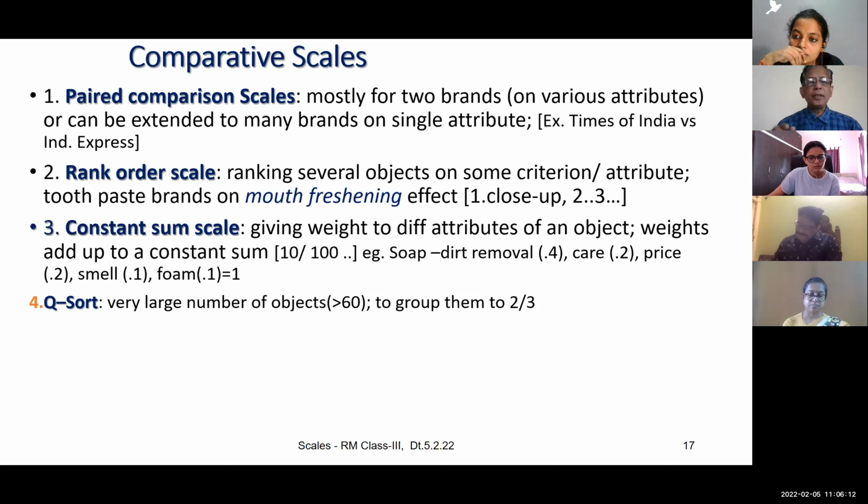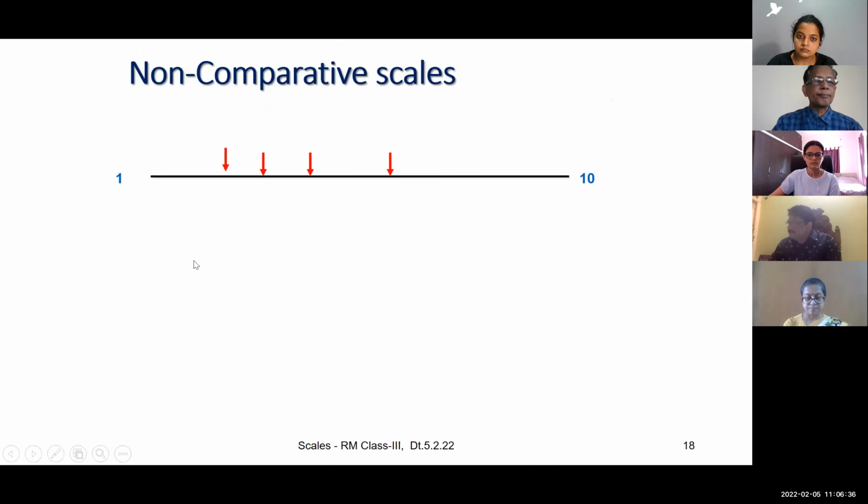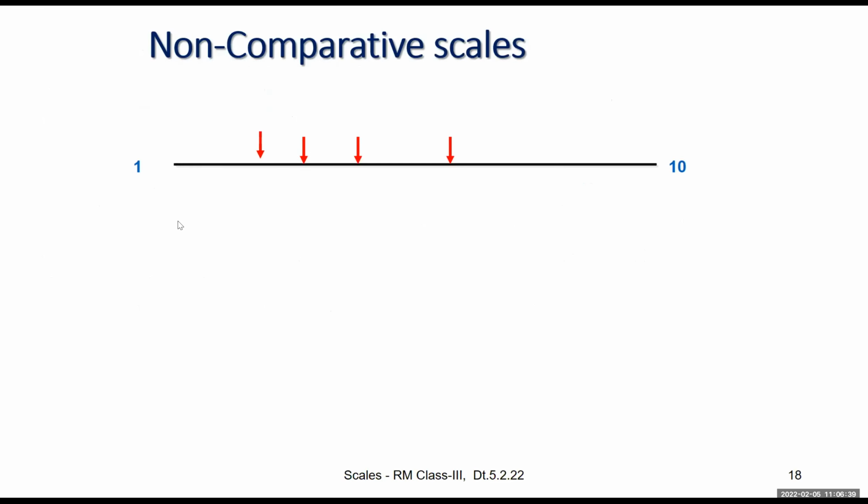So if you group them into 2, 3, 4 groups and you sort them quickly, we call it Q-sort or quick sort. Sorting means categorizing, putting into different categories, okay? So this is mostly not much done in management research, but sometimes done in rural management research. Now moving to the next category, let's start with one of the non-comparative scales.